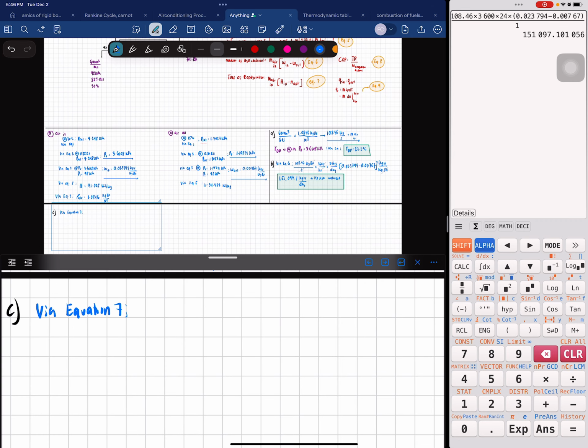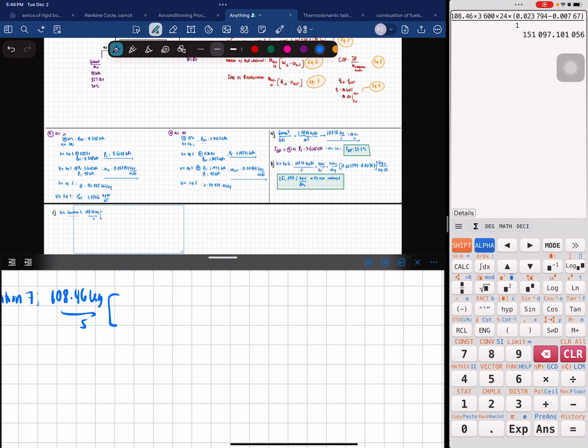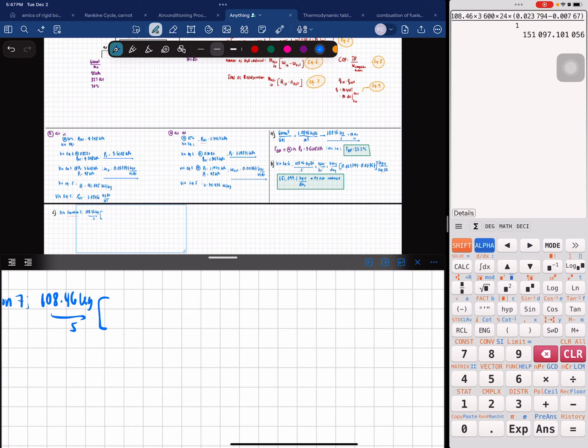Mass of air going in is 108.46 kilograms per second. Enthalpy in is 91.005 minus 34.472 kilojoules per kilogram.